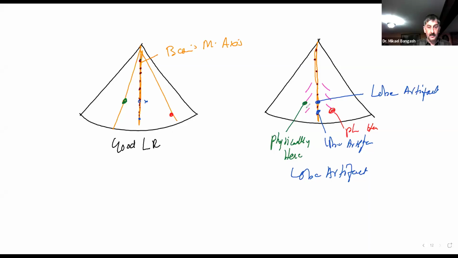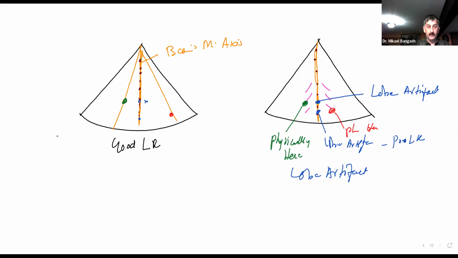So the reason this is a poor lateral resolution is because something which was here is here on your image. Something which physically was here, if you see it here, is poor lateral resolution.